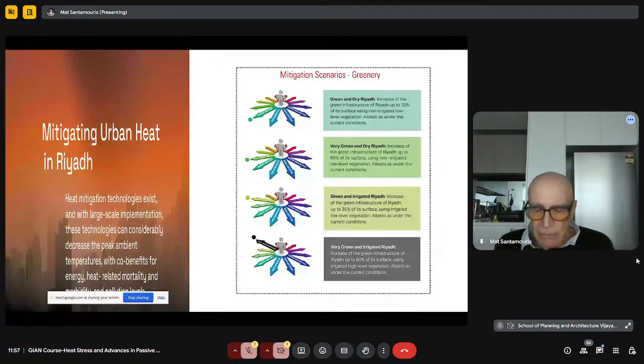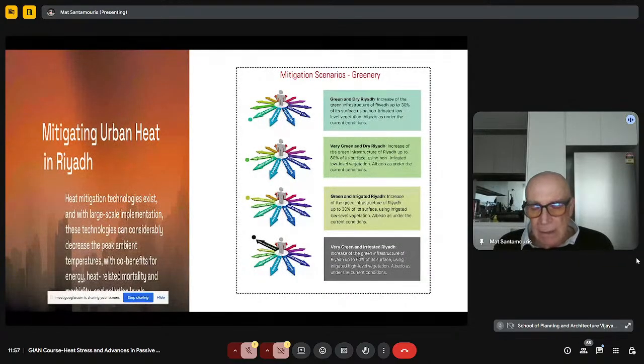So we created a new scenario where we increase this 30% to 60%. Is it reliable? Perhaps not, but it shows us the potential of greenery at the city scale. And then the second parameter is the irrigation.